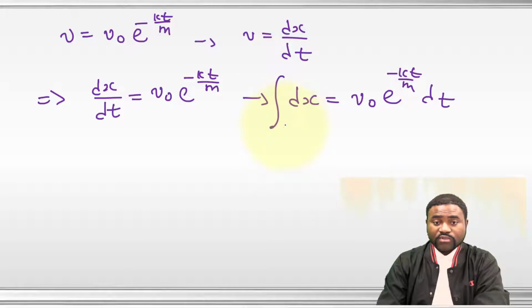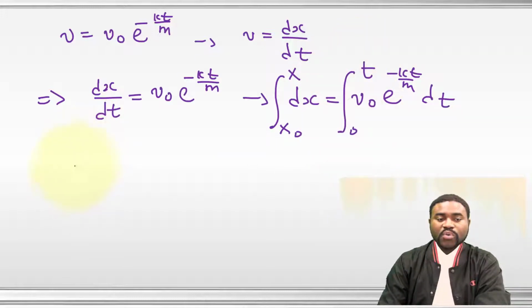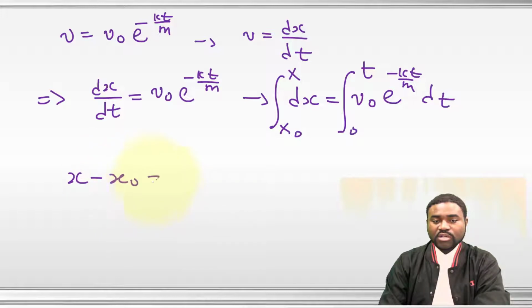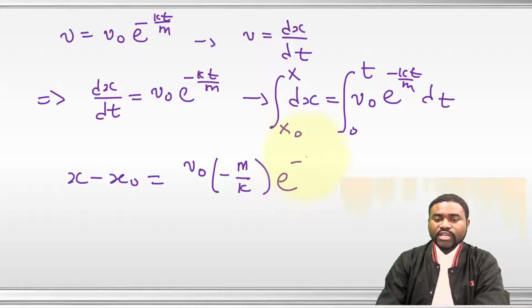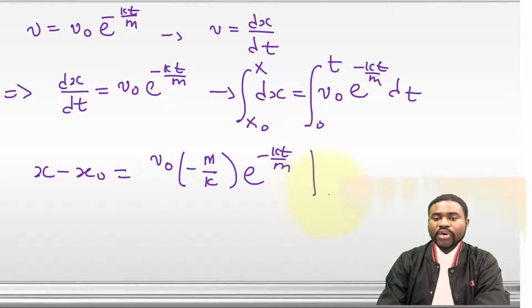If we integrate from x naught to x, now we are going to assume that the object is initially at the origin, and we're integrating from 0 to t. We will have x minus x naught, all of this equal to what? V naught bracket negative m over k e negative kt over m, and we're integrating from 0 to t.